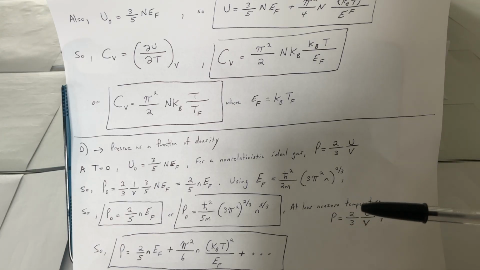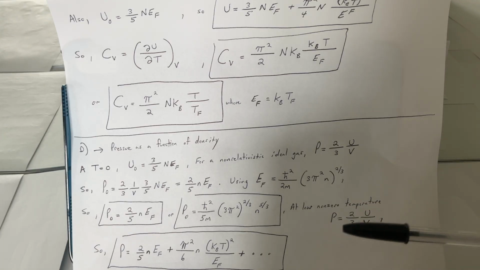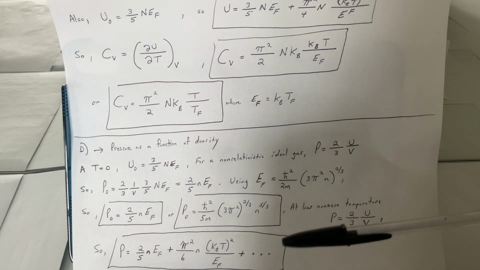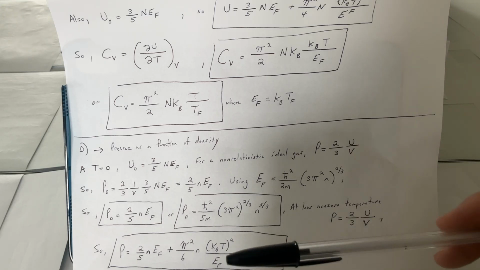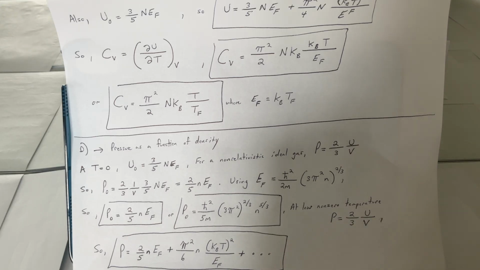And at low non-zero temperature, P equals (2/3) times U over V. So what we wind up getting is P equals (2/5) n E sub F plus (pi squared over 6) n times (k sub B T) squared over E sub F plus so on and so on. Okay, so that's letter D.